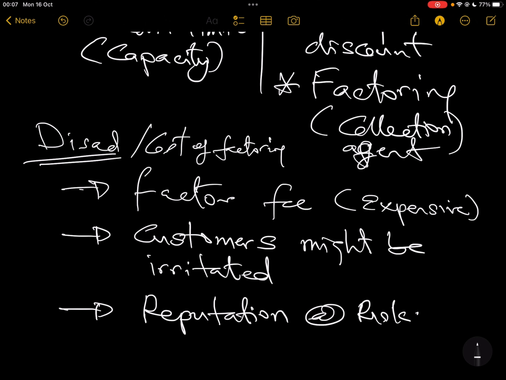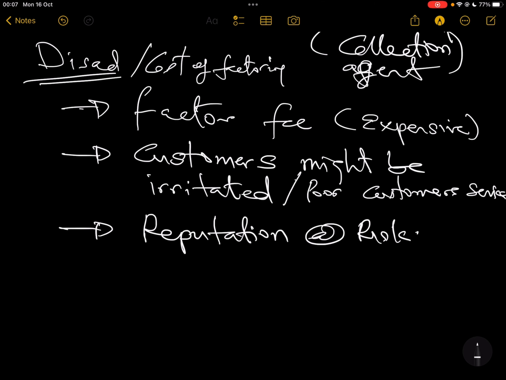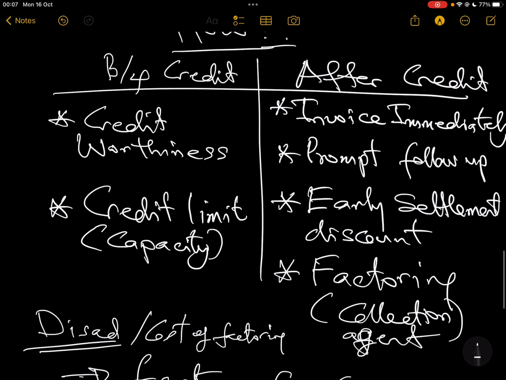Imagine if you have a factor that is giving you poor customer service, that is, your customers are having issues with them. Your potential is already limited. I'm not sure how far you will go as a company. So you don't want to get to a point where you have to actually do factoring and even maybe too much follow-up.